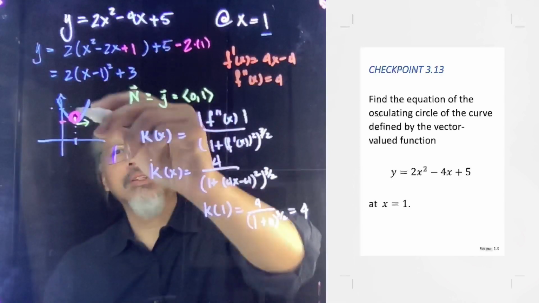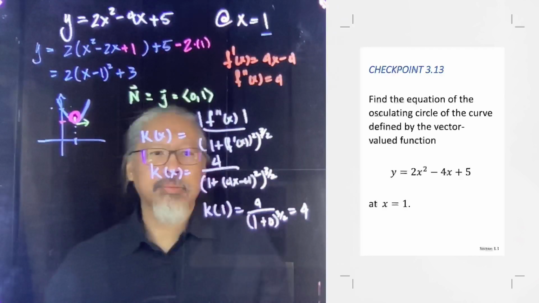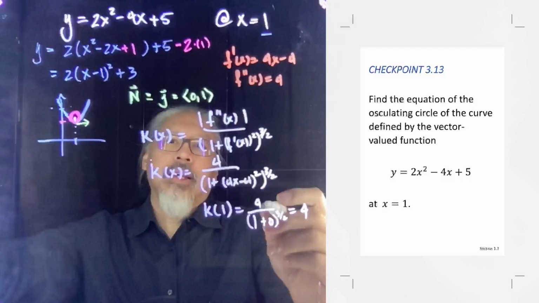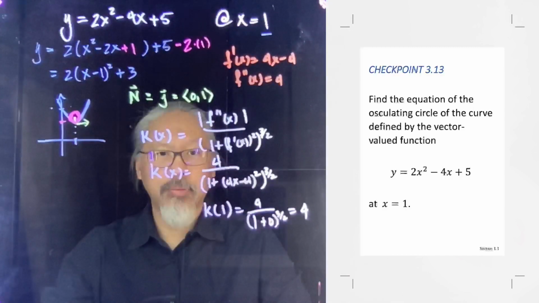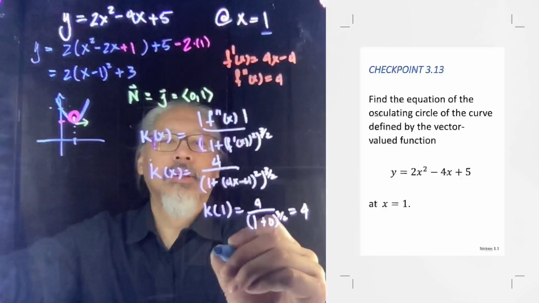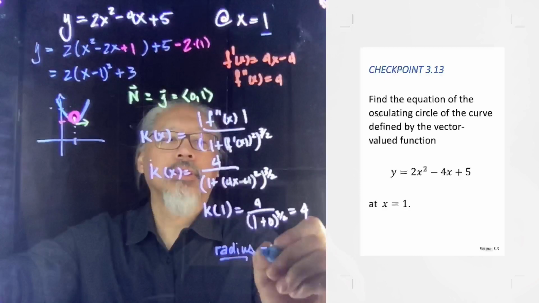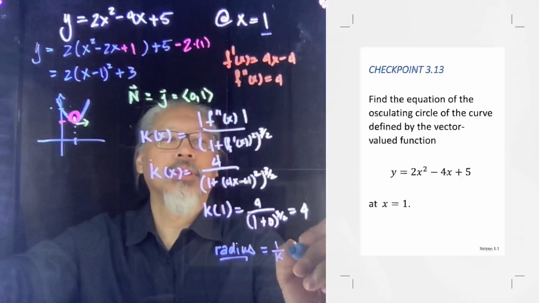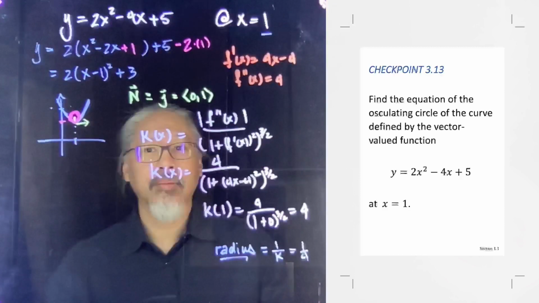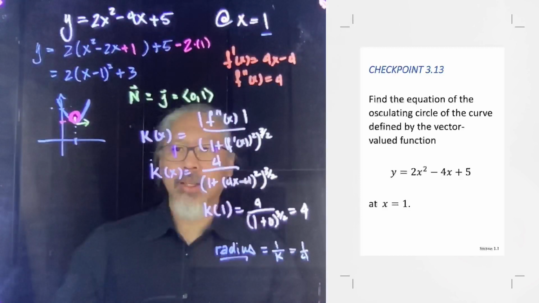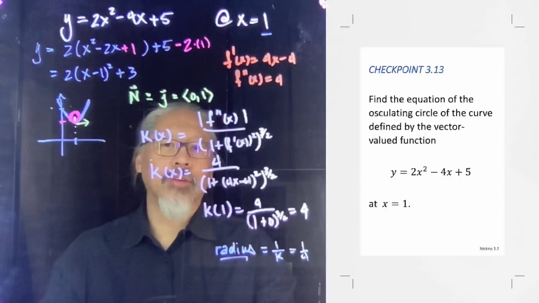And with parabolas, if you remember, the vertex is going to be the largest curvature. And being that it's the largest curvature, your radius for your osculating circle is going to be 1 over the curvature. So we're going to have a small radius of 1/4. Okay, so now let's take a look at the geometry of this. We have 1/4.